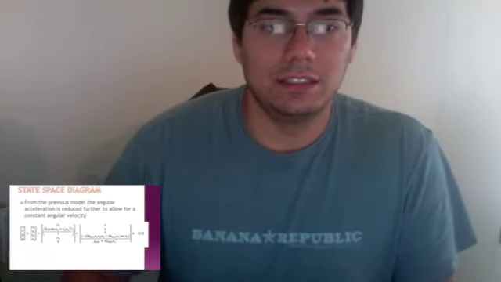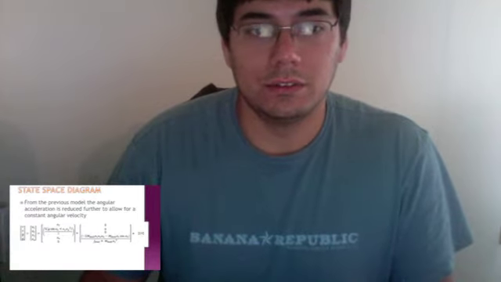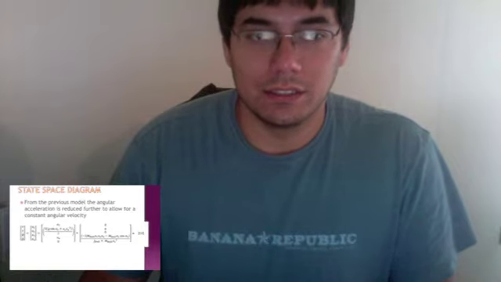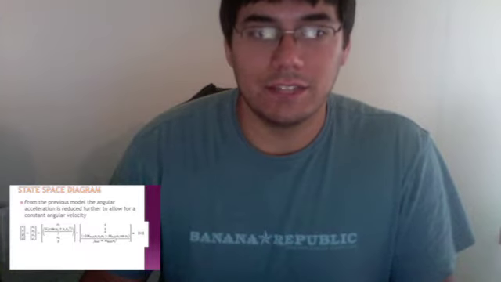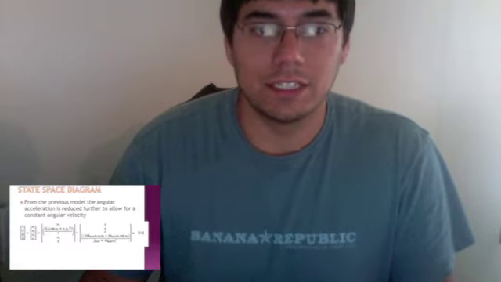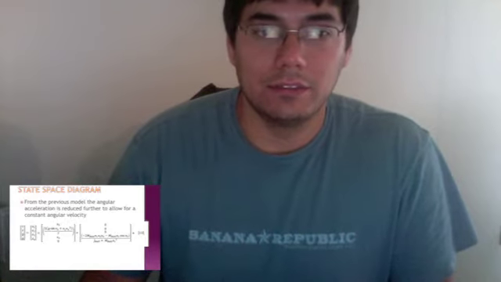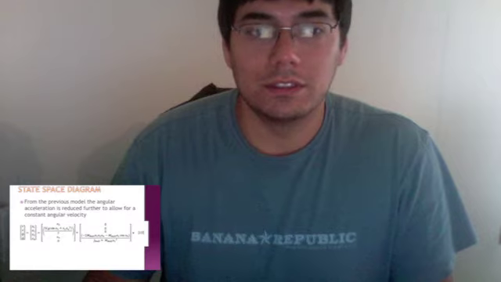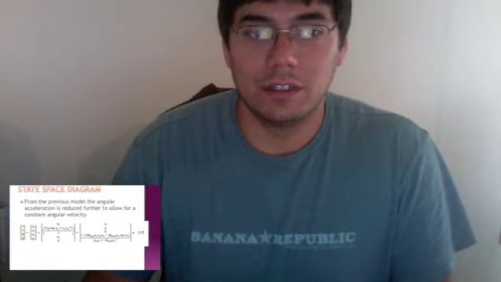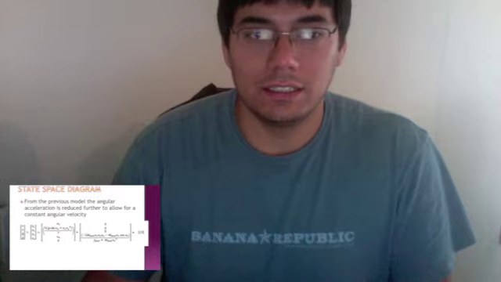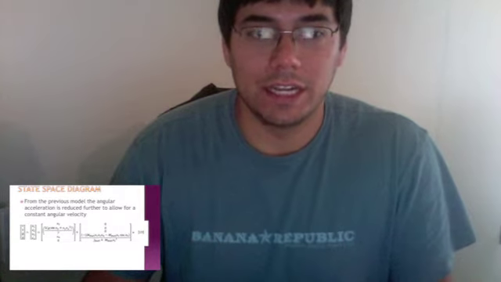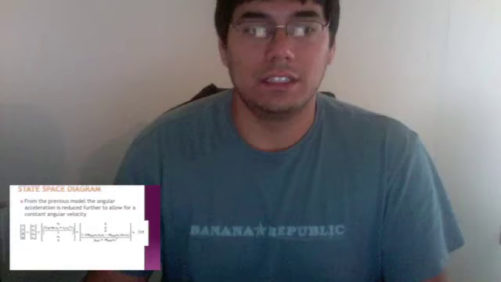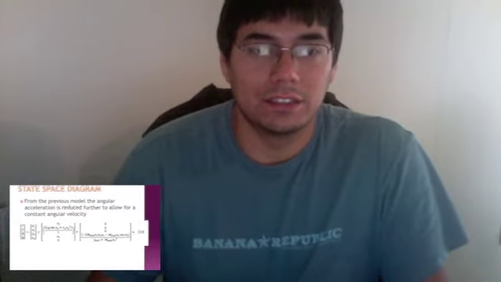As you can see, the model has been broken up into an x dot vector, x1, x2, x3, x4, and the resulting terms that go with those equations. So you have your position, your linear velocity, your linear acceleration, your angular velocity, and angular acceleration.